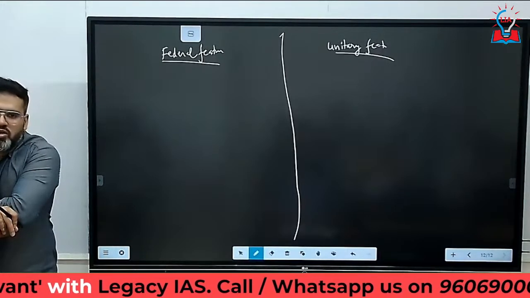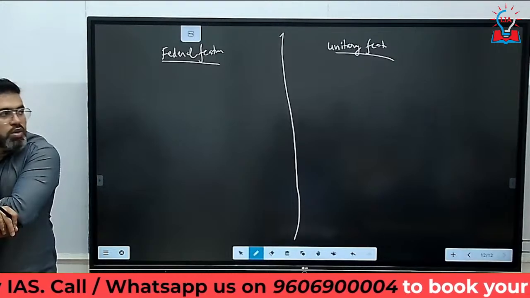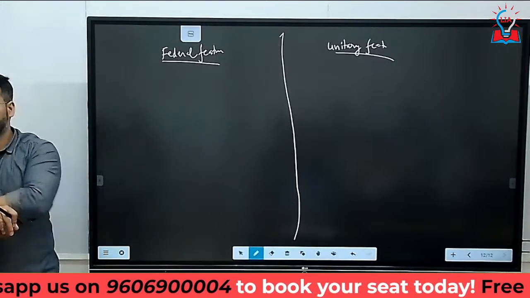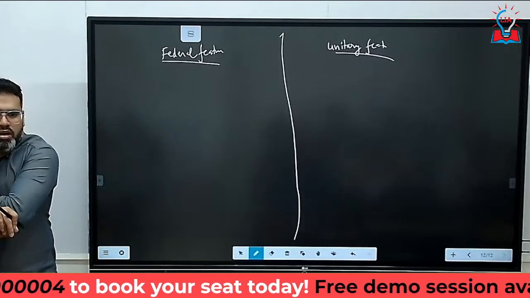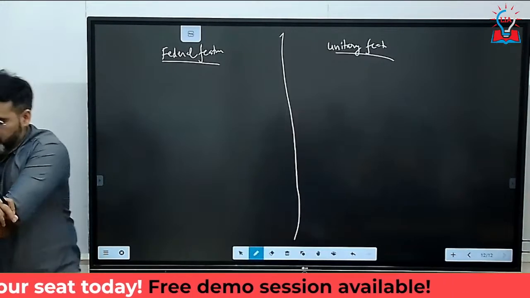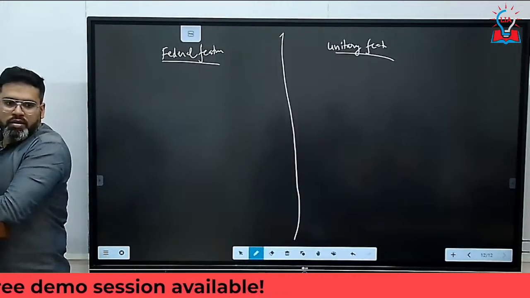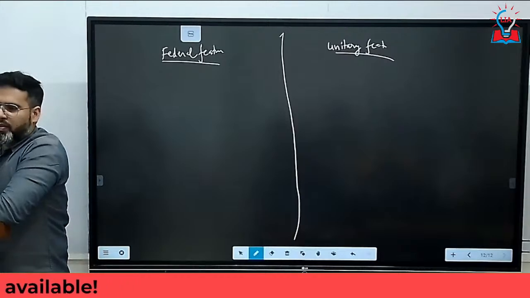If a written constitution is not there, then the court will not be able to resolve the issue. So you can write written constitution on this side, federal feature. Correct? So written comes under the federal side.